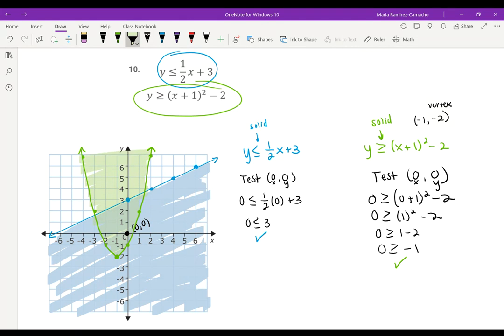And before we move on to talk about the solution region, here's a little shortcut. Because this was less than or equal to, I should be shading below the boundary. Notice that we are shading below this line. For the other inequality, y is greater than or equal to, because of the greater than, I know I should be shading upwards. Notice that in regards to the parabola, we are shading above the parabola, not below it.